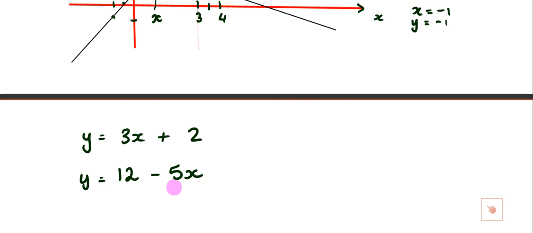When I say they cross, another word for that is they equal each other. They share a point. That means that if I put the x into here and work out the y, and put the same x into here and work out the y, I will get the same answer. The same x and y match together.